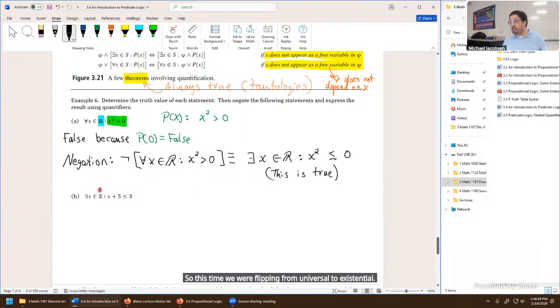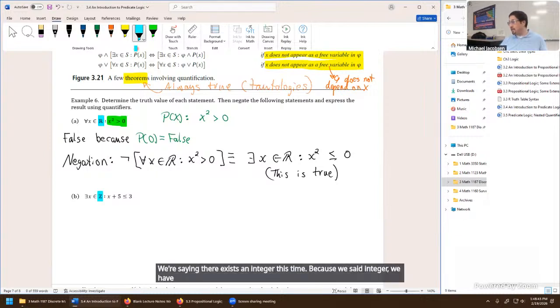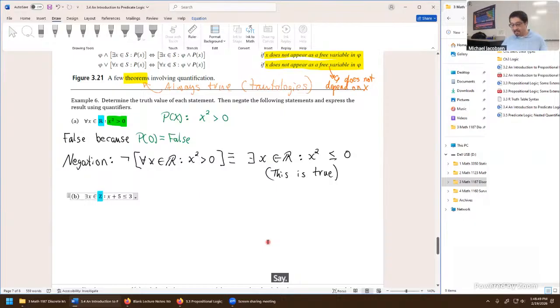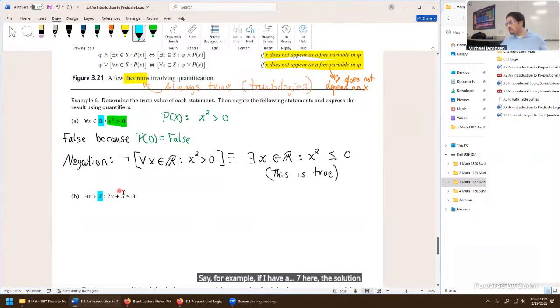We're saying there exists an integer this time. Because we said integer, we have to be really mindful about what could go wrong in this problem.